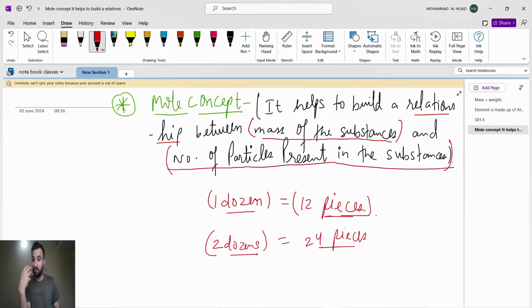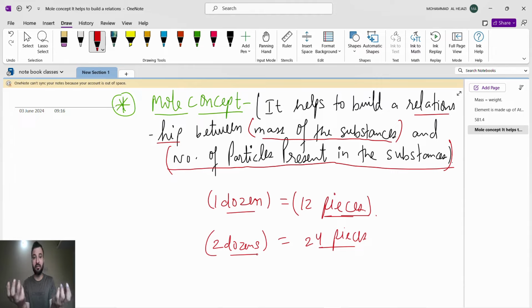So mole concept means that if I give you the mass of the substance, you will say how many particles are present, and in reverse, if I tell you the number of particles, you will say the mass of the substance.